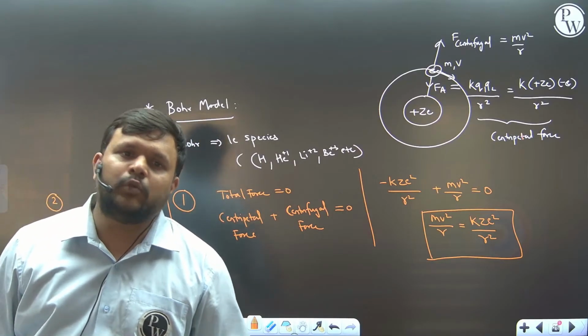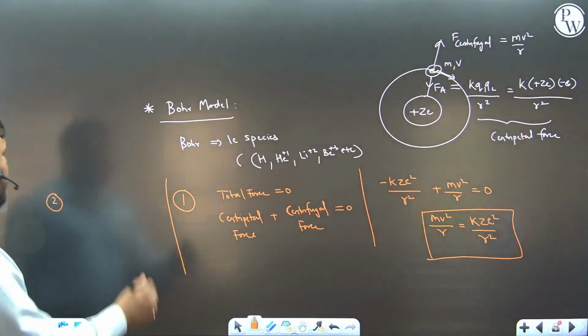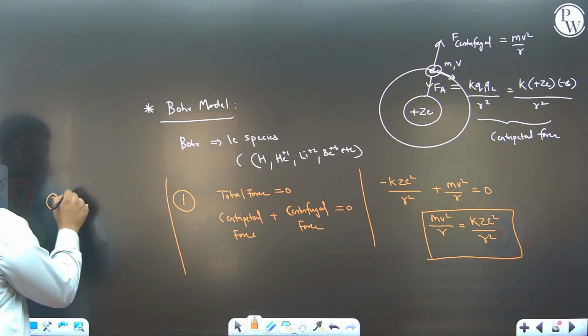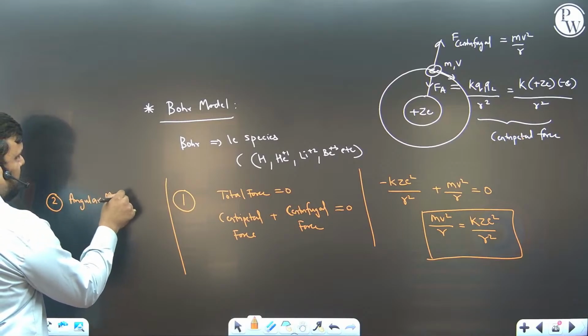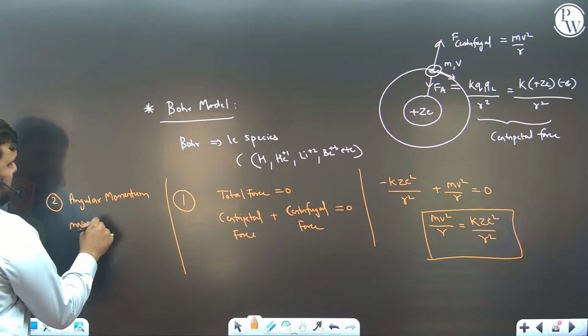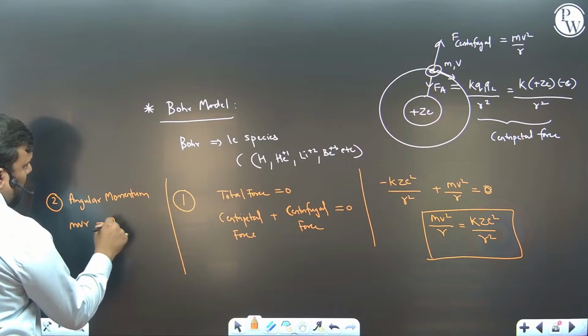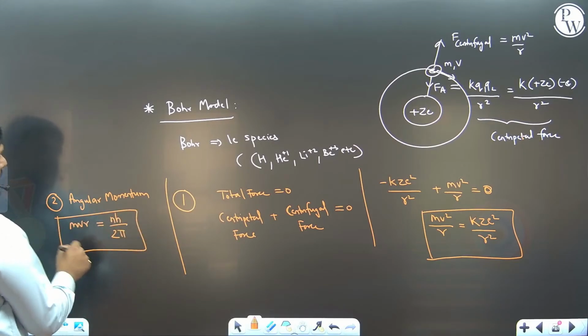In second orbit, 2h upon 2π. In third orbit, 3h upon 2π. So he concluded that angular momentum mvr is equal to nh upon 2π. So this is the second equation.